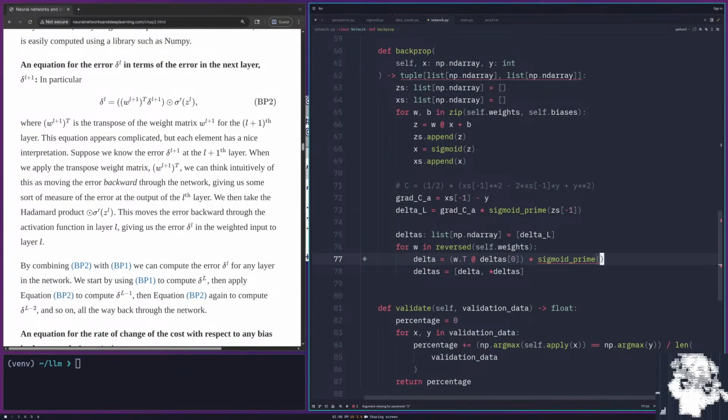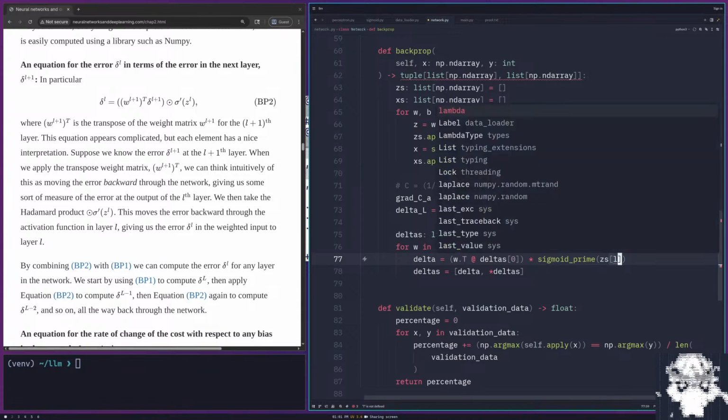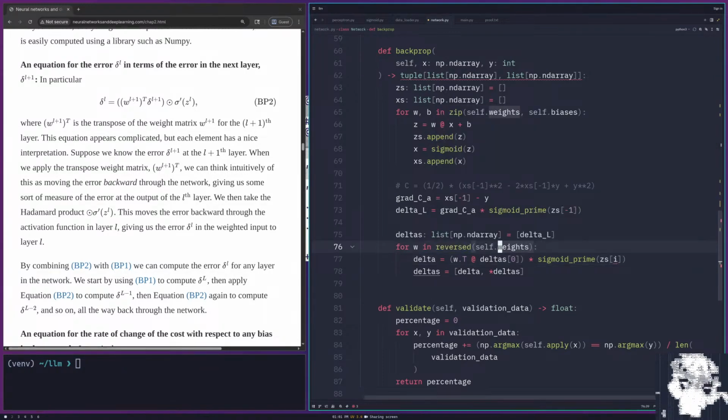Now I have all of the z's, but I need to have an index here. So here I should do for i, W in reverse of enumerate weights. Why doesn't it like that? You can't reverse an enumerate. Well, that's annoying.